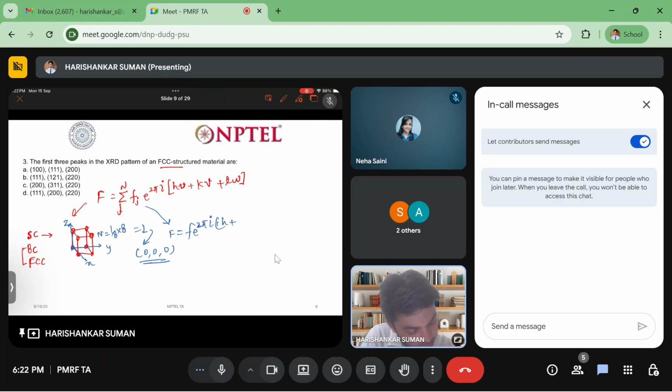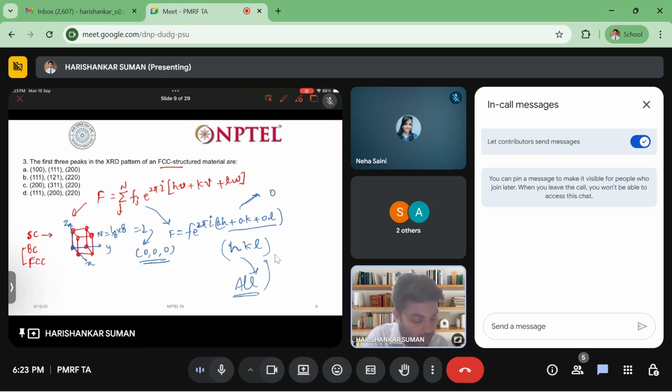For whatever HKL, the XRD pattern reflection is always present for all HKL.